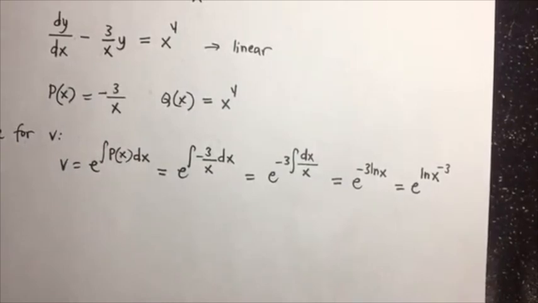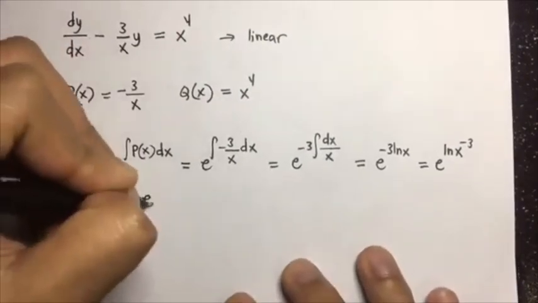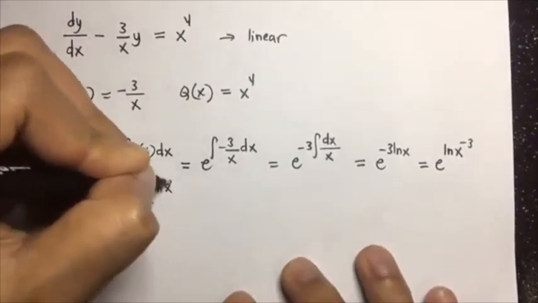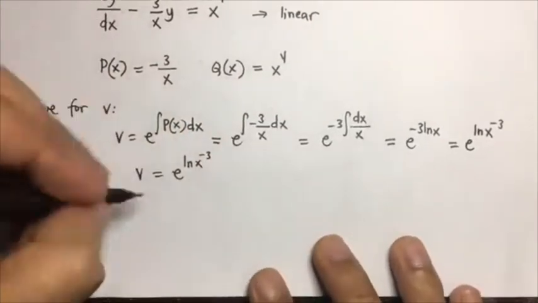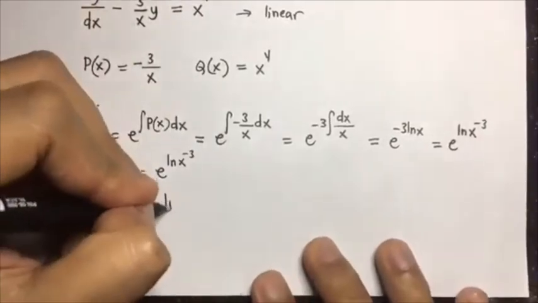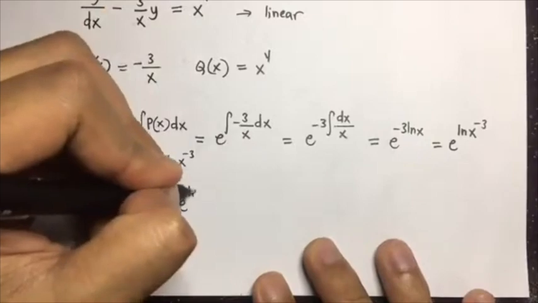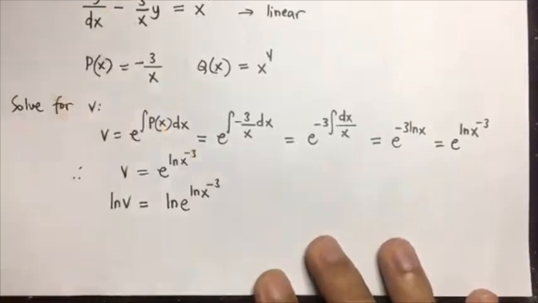If we simplify, if v is equal to e raised to ln of x to the negative 3, then taking the natural logarithm of both sides, ln of v is equal to ln of e raised to ln of x to the negative 3.